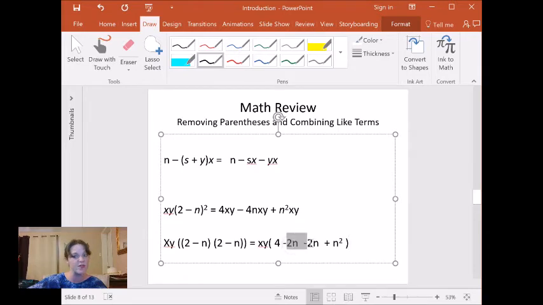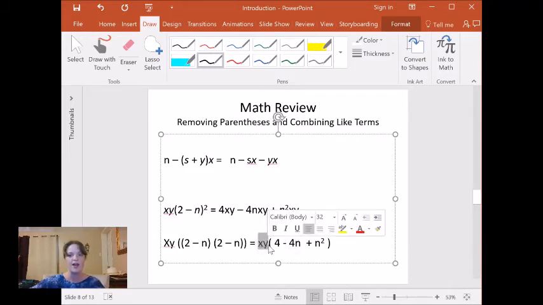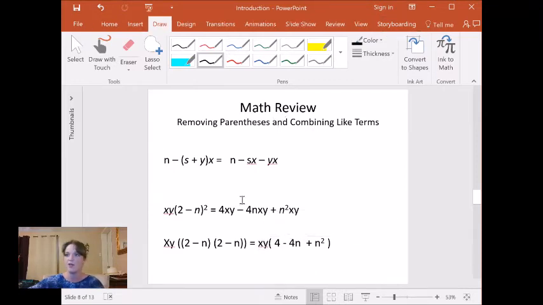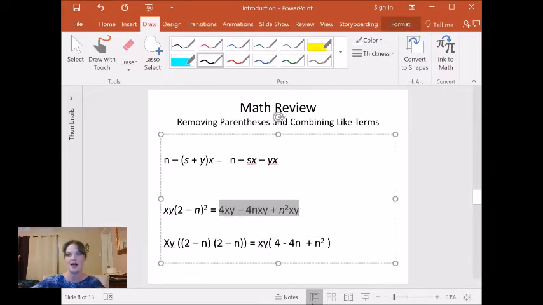I end up with negative 4n, because we're combining like terms. And now all I have to do is distribute out this xy: 4 times xy, negative 4n times xy, and positive n squared times xy, which, if you look up here, is exactly what I have. I just distributed out the xy into the terms.